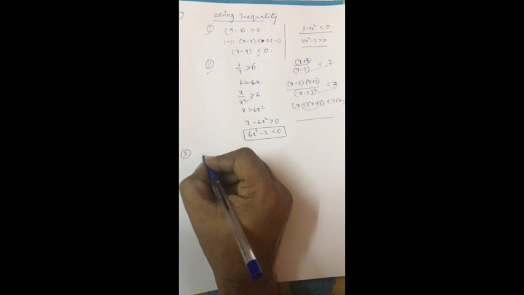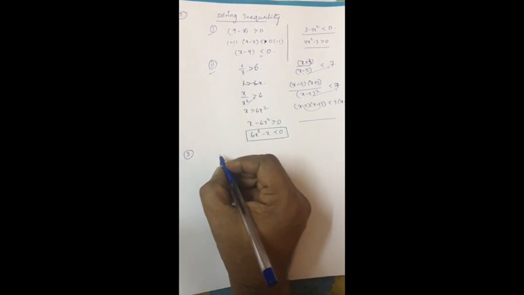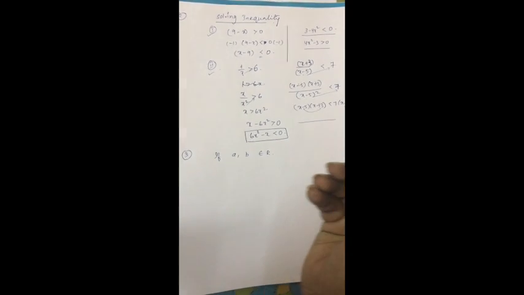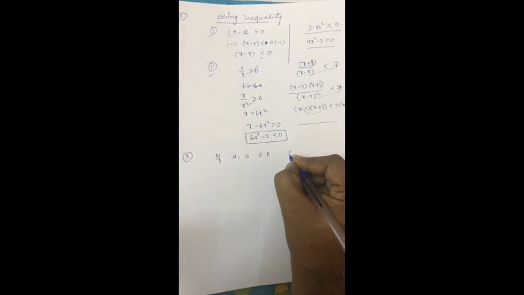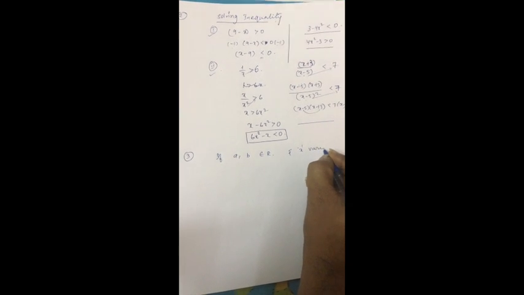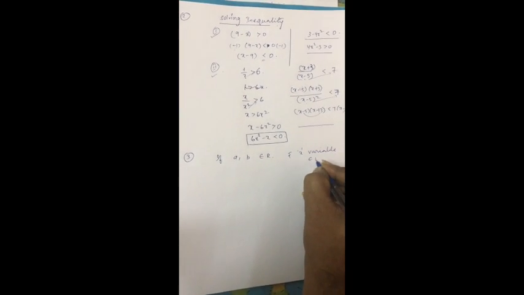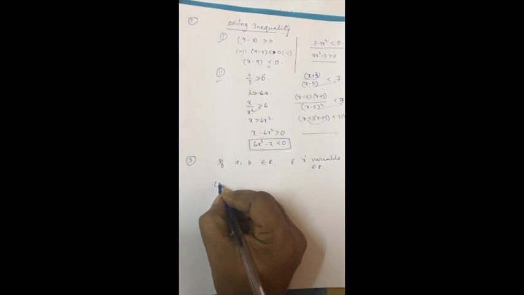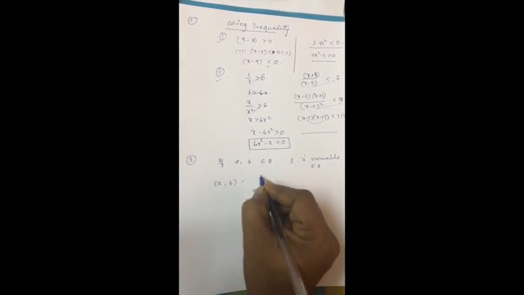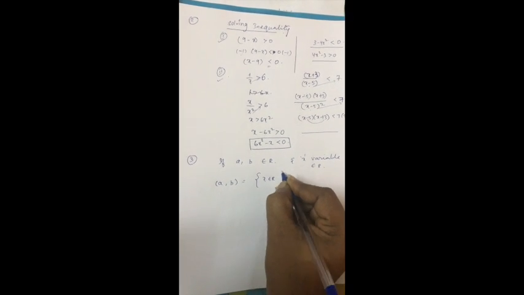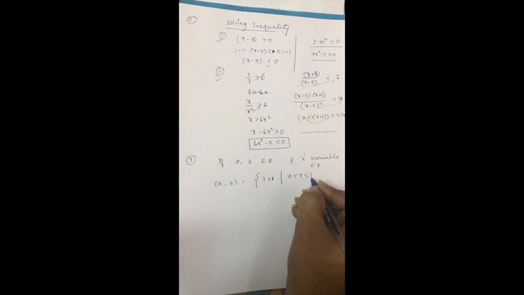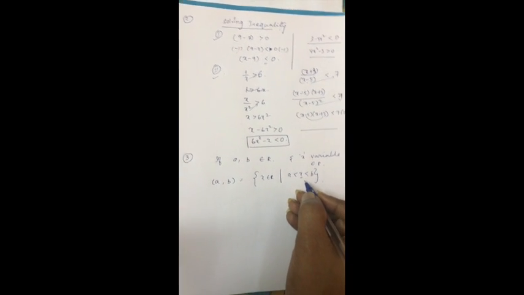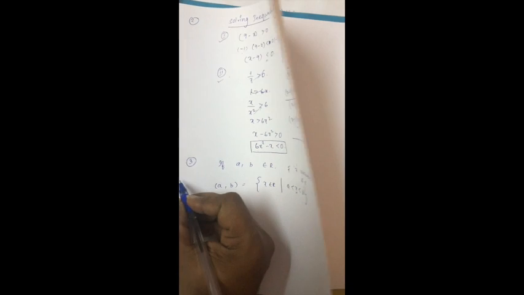Now let's go through the third rule. If a and b belong to real numbers and x is a variable which also belongs to real numbers, and if I write something like this, what this means is x lies between a and b.